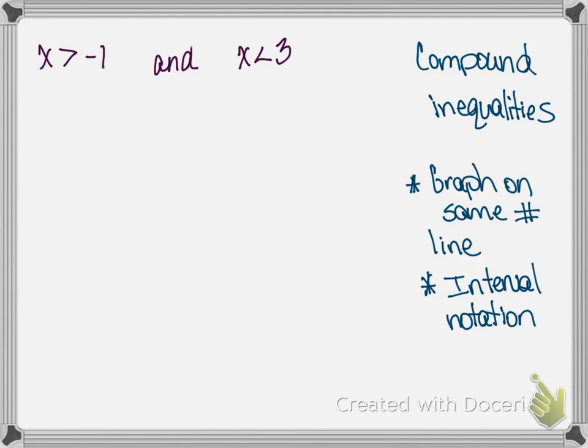When we combine compound inequalities with the word and, our solution has to meet both of the criteria. Just like when I first asked people to stand up, the only people that could stand up were the people that had on both blue jeans and a hat. So you had to meet both criteria. We're also going to look at inequalities that are combined using the word or.